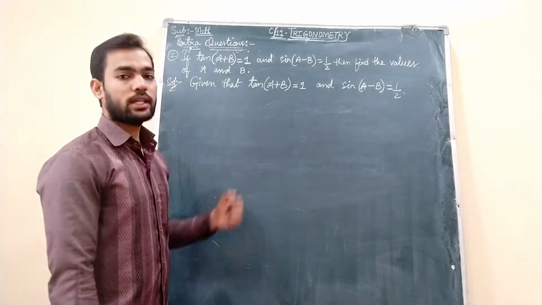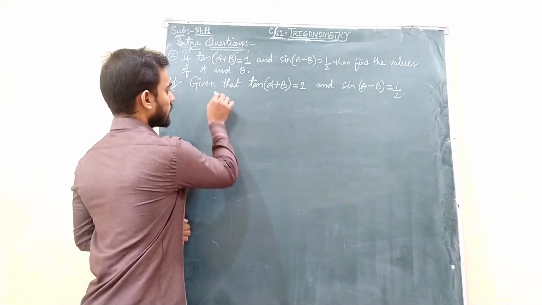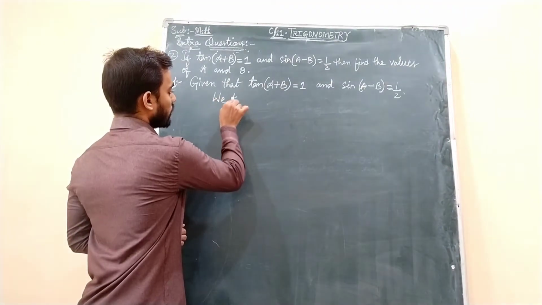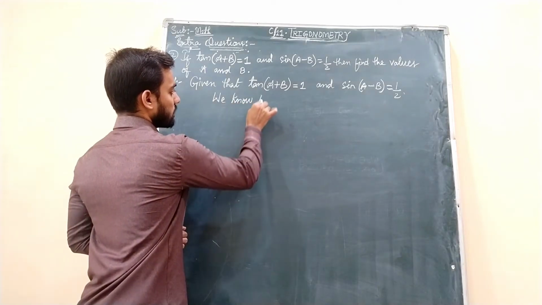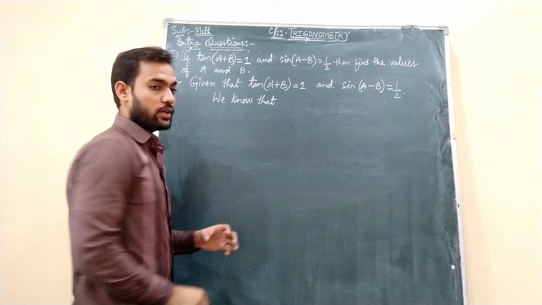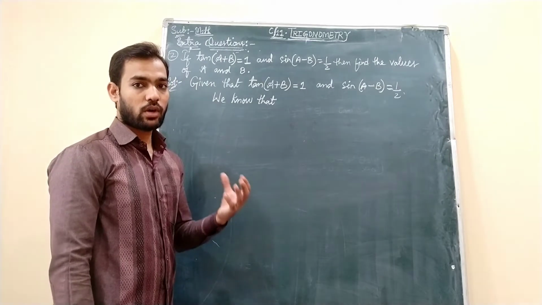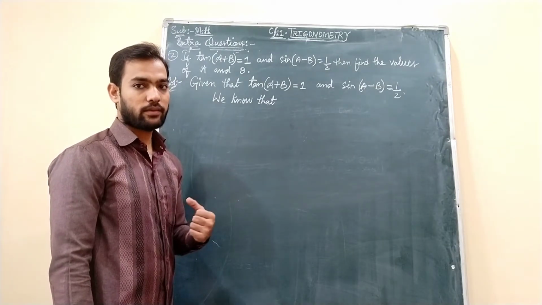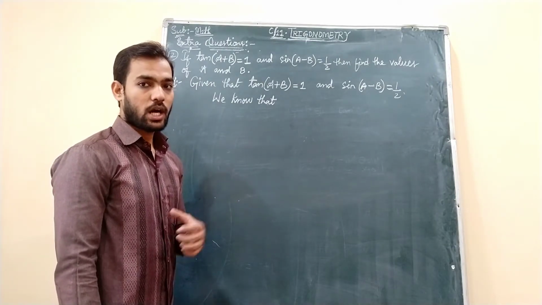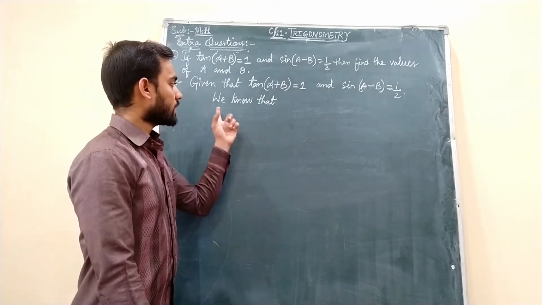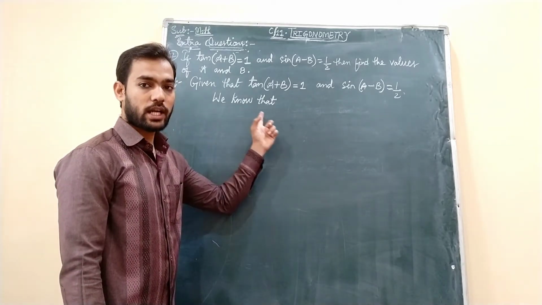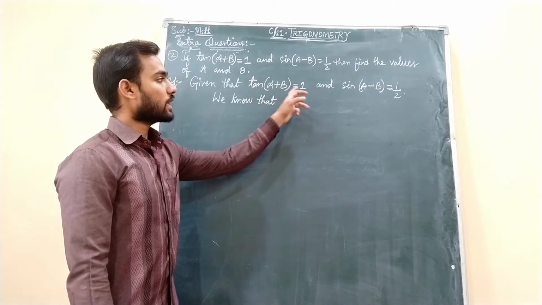When you check the table, you should know the values of the complete table first of all. We have learned the logic, how to remember the table, how to make the table. That is the reason. If you know that, then you can write, we know that tan of a plus b is 1.